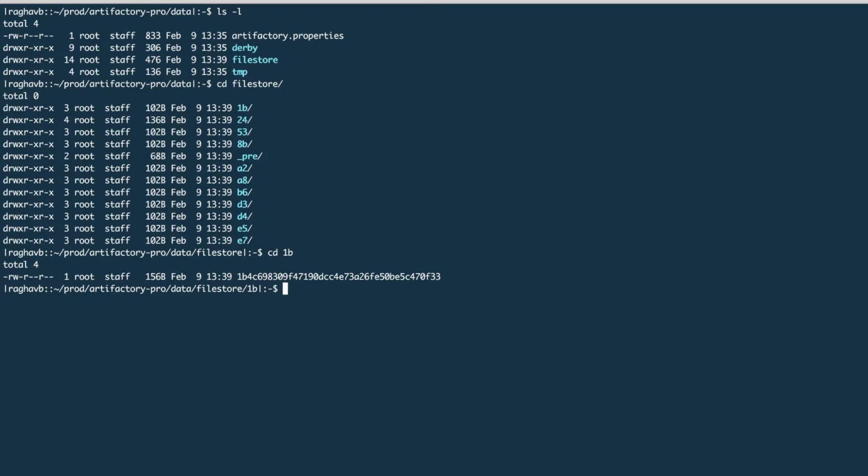The metadata for this file is stored in the database and includes information about the repository, the file, and the path to the artifact's location. One important thing to remember is that the hashing algorithm for checksum calculation is used to generate unique checksum file identities. It is not being used for encryption purposes.